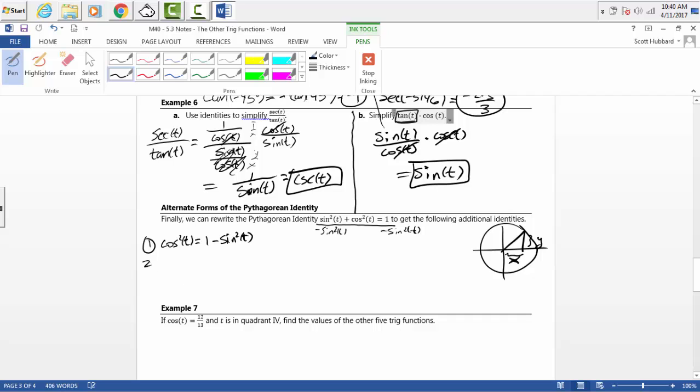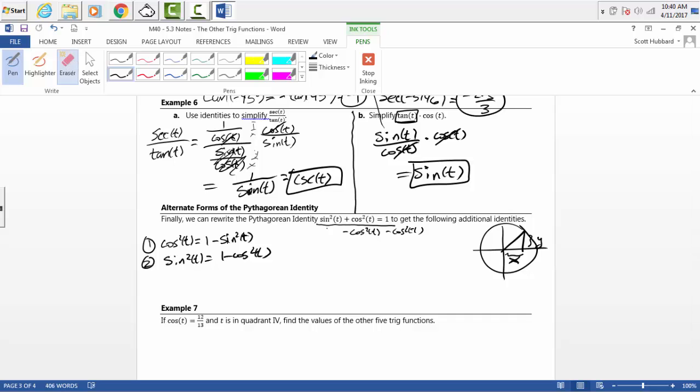Number 2 is we can do the same thing, but rather than subtracting sine squared, we can subtract cosine squared of t, then we get sine squared of t is equal to 1 minus cosine squared of t. Okay, so those are two identities that we can get just from doing that.